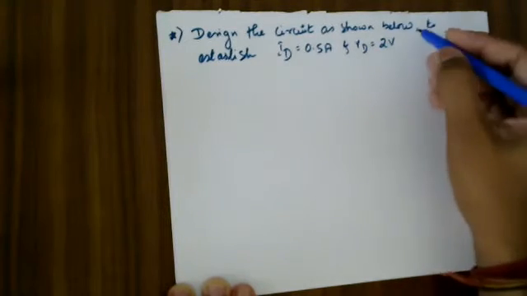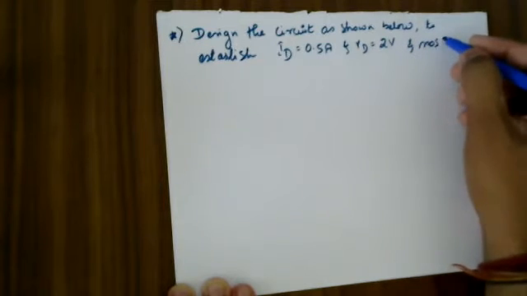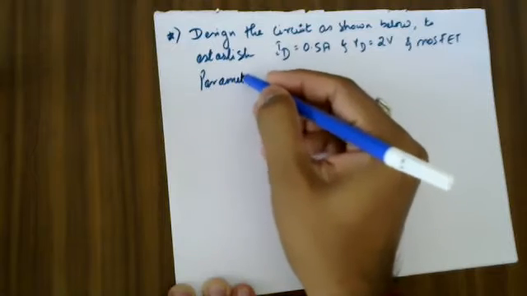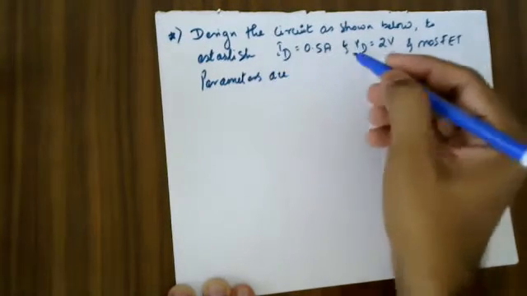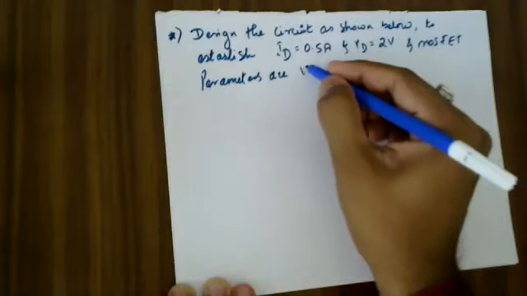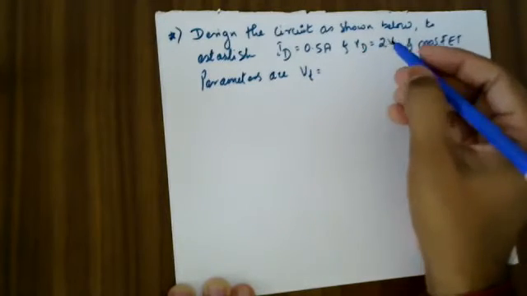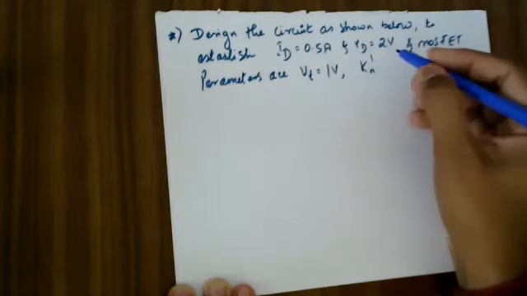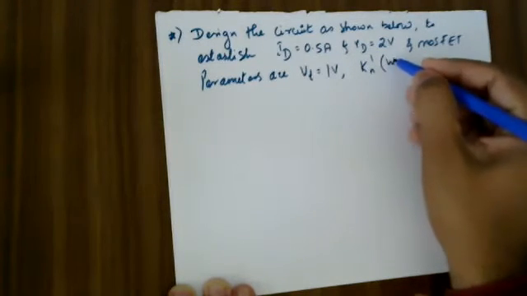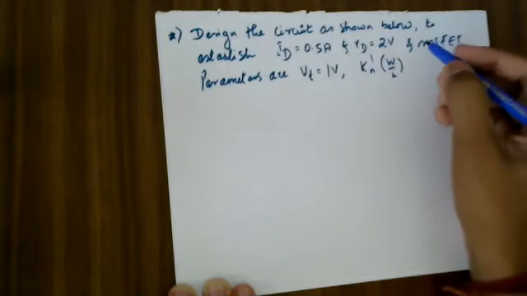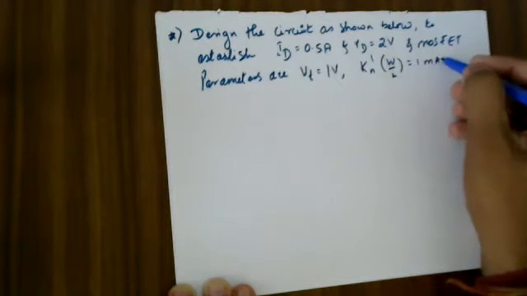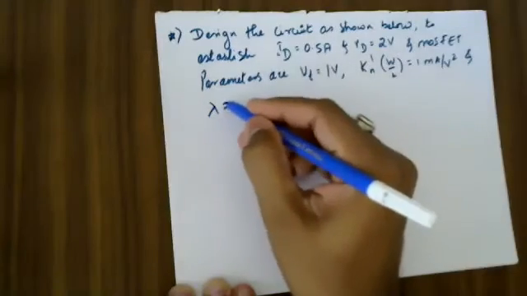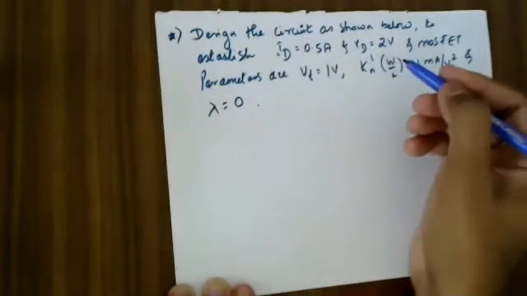The MOSFET parameters are VT equals 1 volt, Kn dash times W by L equals 1 milliamps per volt square, and lambda equals 0. So this has been given.